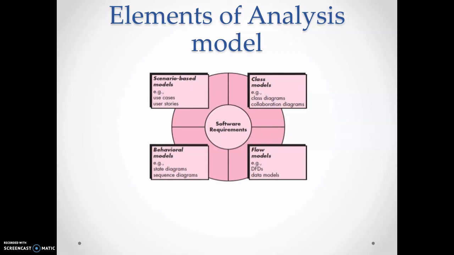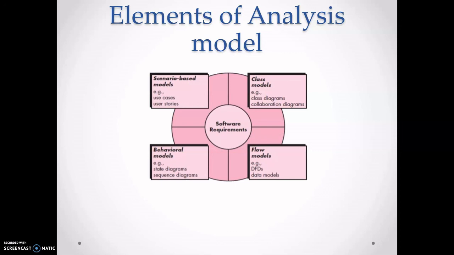Then we have class-based elements, the objects that the system will manipulate, the operations that will be applied to the objects to effect the manipulation, relationships between the objects, and the collaborations that occur between the classes that are defined. We have the third one, that is behavioral elements, which depict how external events change the state of the system or the classes that reside within it.